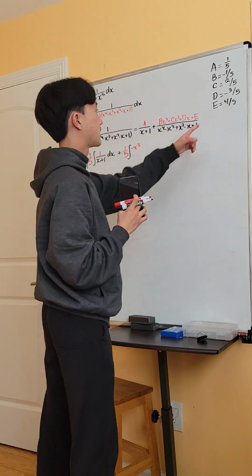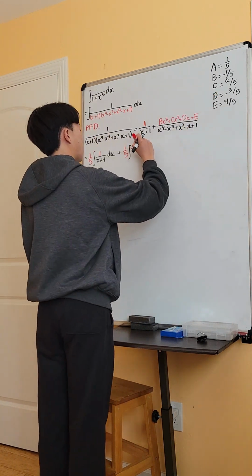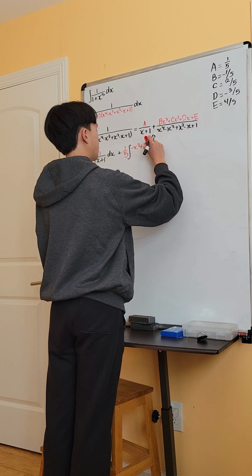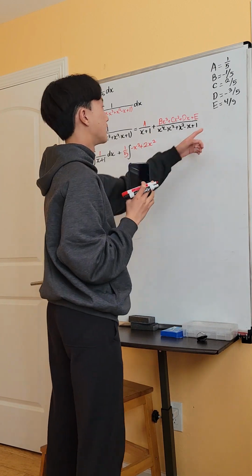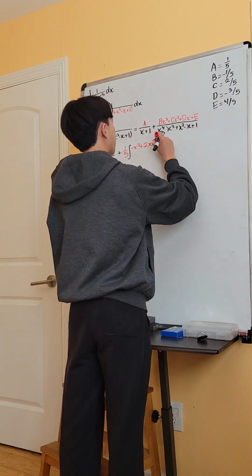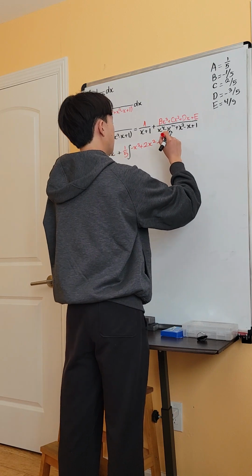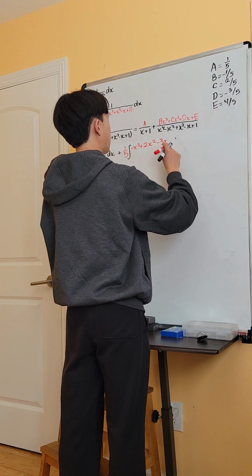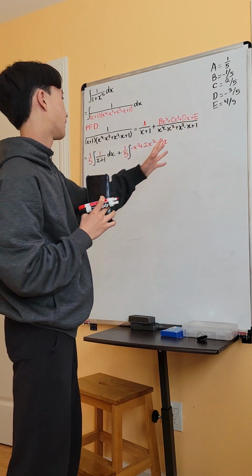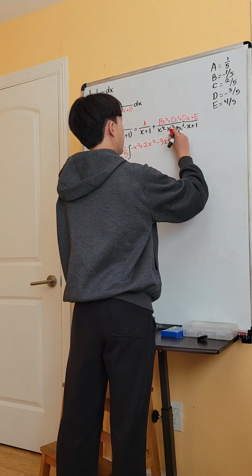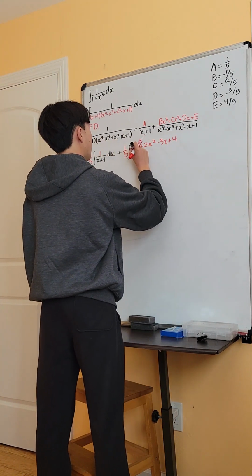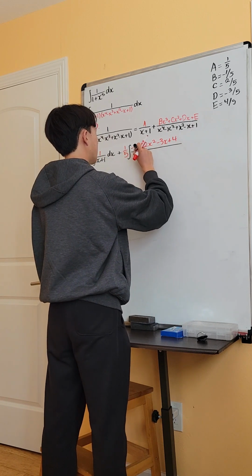And then C is just now 2 after factoring out the 1/5, so you get 2x squared. D is negative 3x. And then E is just 4 after factoring out the 1/5, so we get 4. And then our denominator is just this.